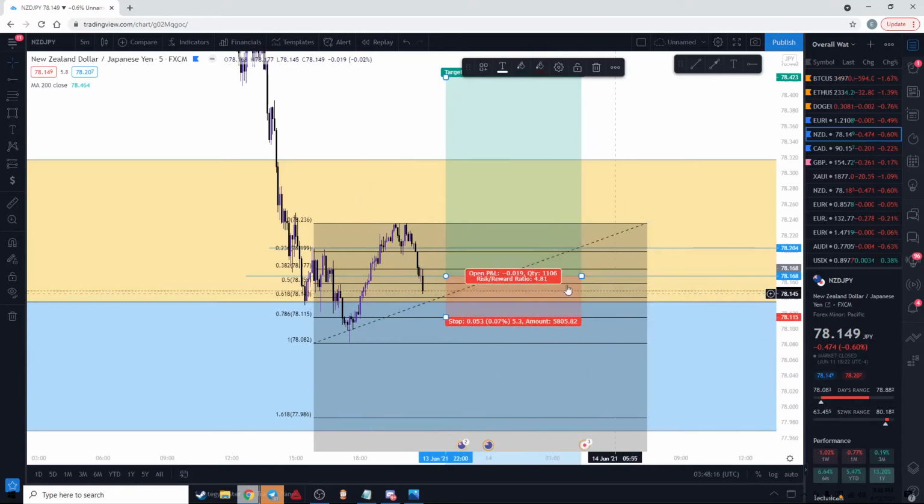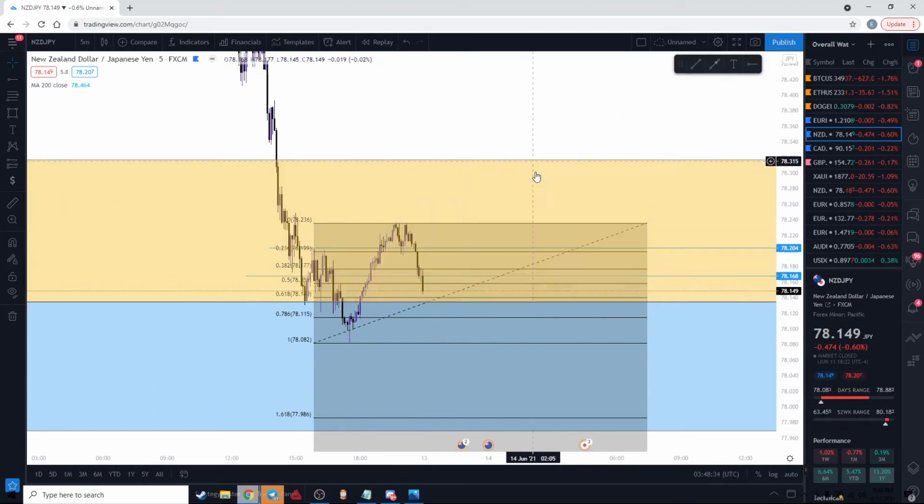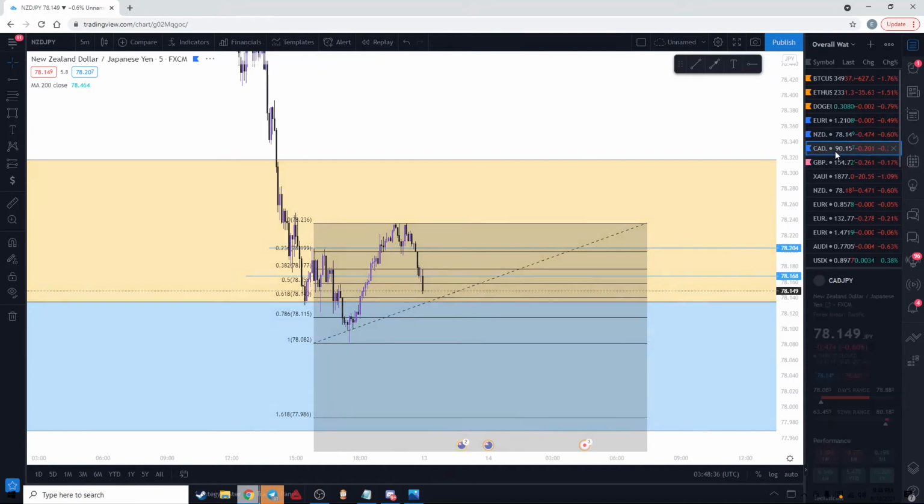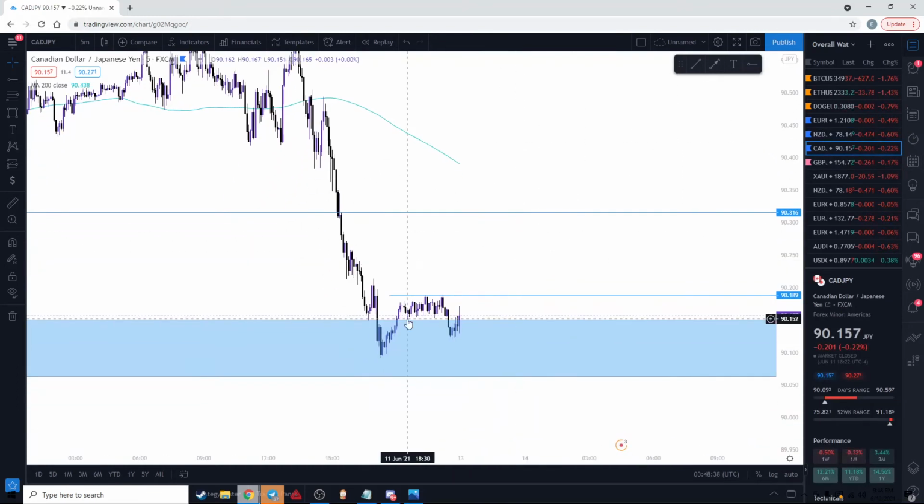It could always be worse. But that's a hypothetical position that I'm looking to take this Sunday. This is really interesting just because I should be in a position on it. So when the market opens, I am going to have a very close eye on NZDJPY. Right. So cool. Let's hop into the last pair that I am looking at.